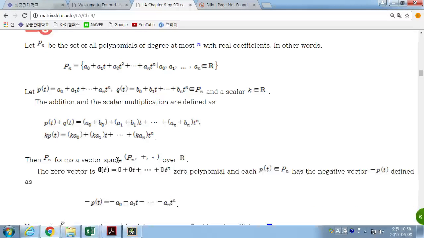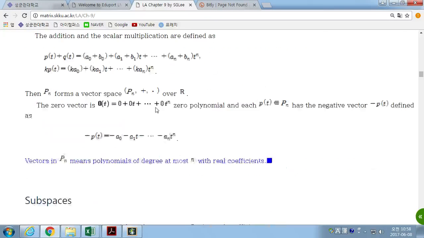So it forms a vector space over R when you choose the scalar from R. In this case, the vectors in the vector space are polynomials. Also, the zero vector here is the zero polynomial. And when you define minus P of t like this, that's the negative vector of P of t.